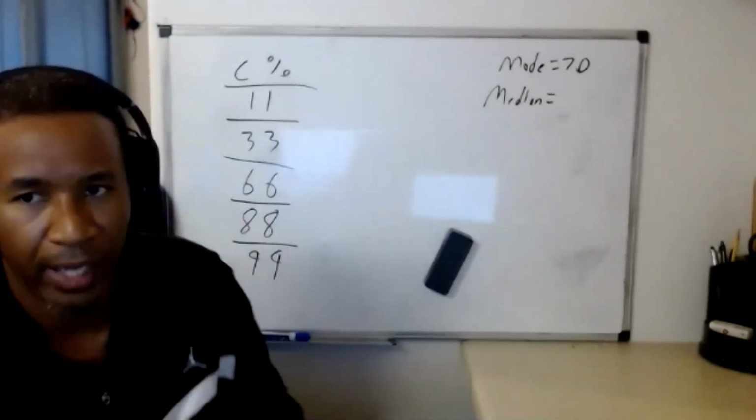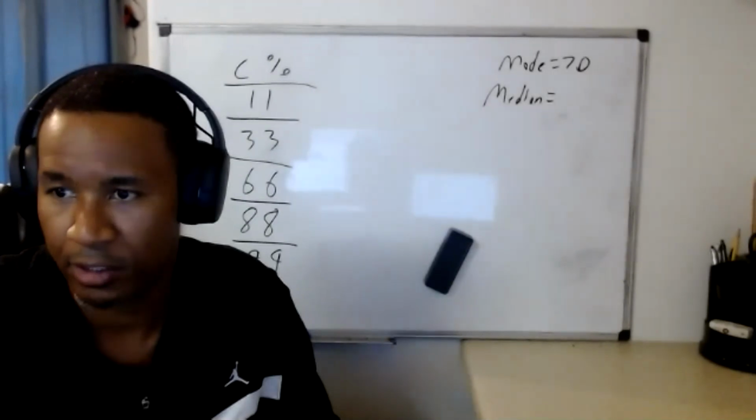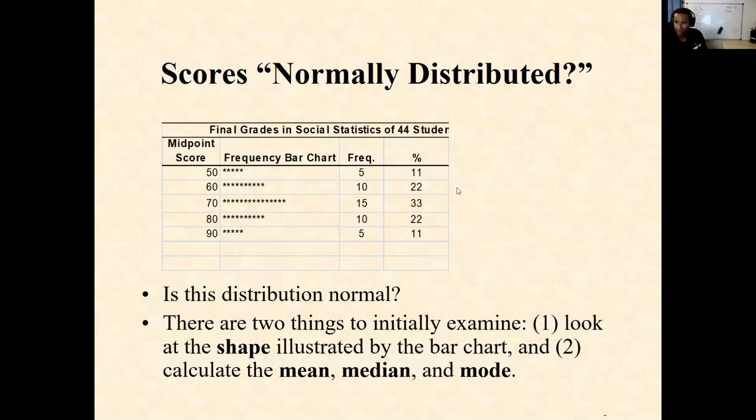Now, if you look back to that frequency distribution, if we have 11 here, 22 here, 11 here, 33 here, 66 here, 88 here, 99 here, then we know it corresponds to that 66. The median is 70. So we know our median is 70.